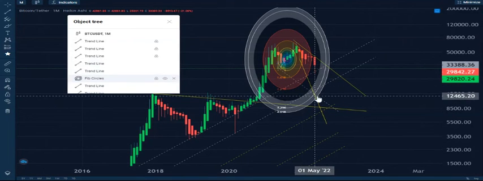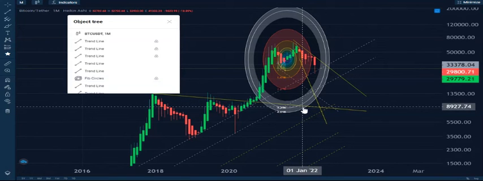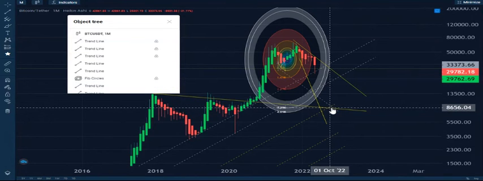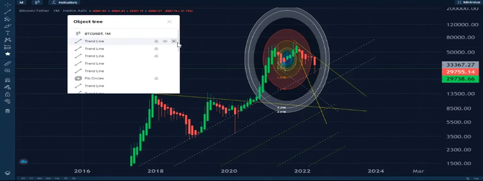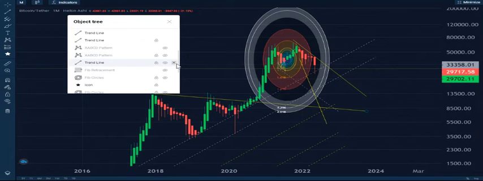We also have another load of confluence here at 12,000, which is one of my major targets. We also have a low here. Now, I have a lower target in one of my writings about an $8,000 Bitcoin. Is it going to go there? Not necessarily. Let's just look at the indicators and see what they're all going to say.